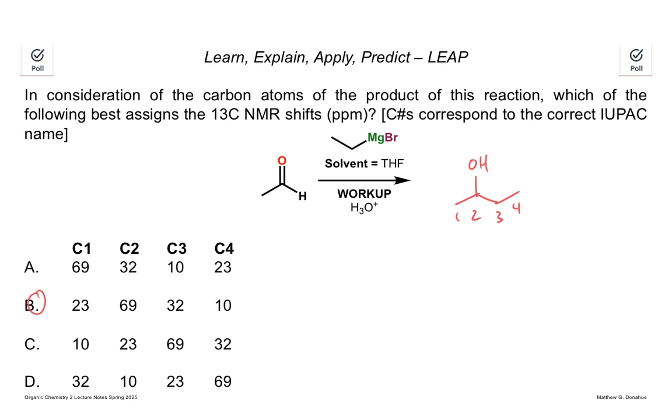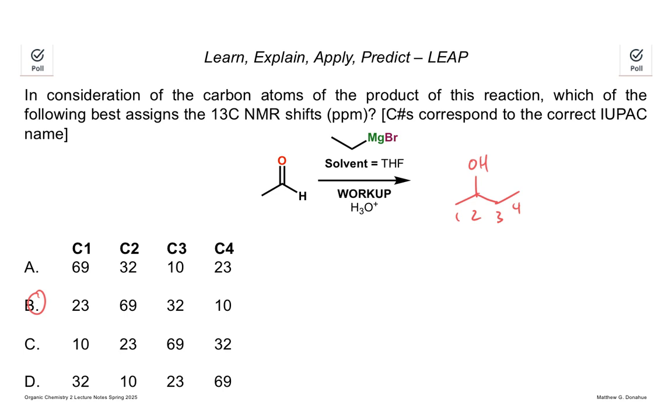So the 4 numbers are all the same, just in different orders for these. So oxygen, since it's electronegative, it's going to shoot it way past everything else. So that carbon should have the highest chemical shift. And then looking at C1, C3, and C4, you're just doing the additivity rules.